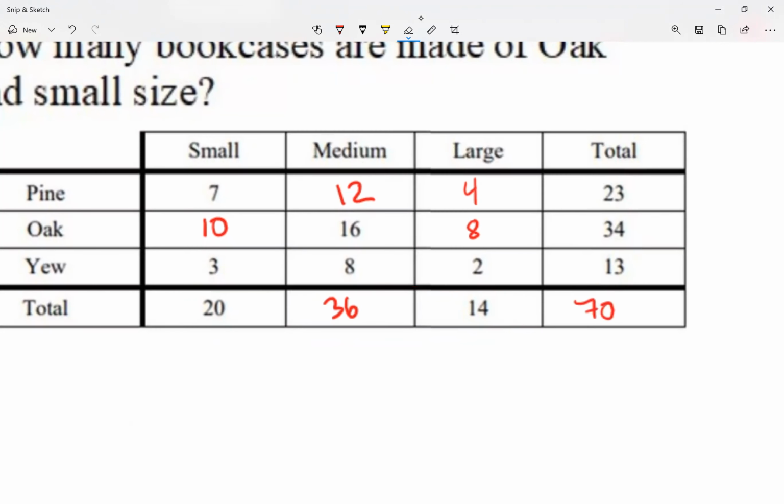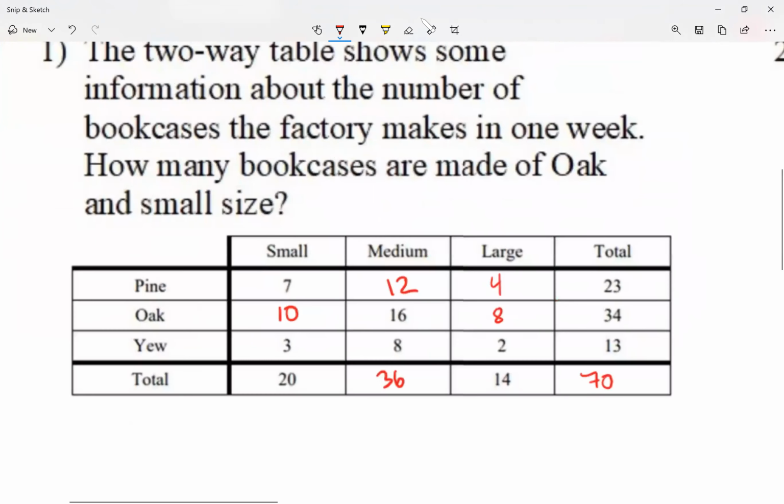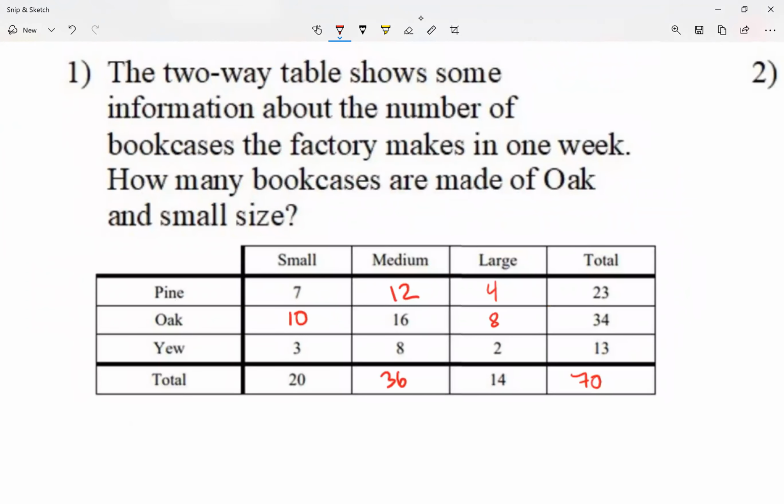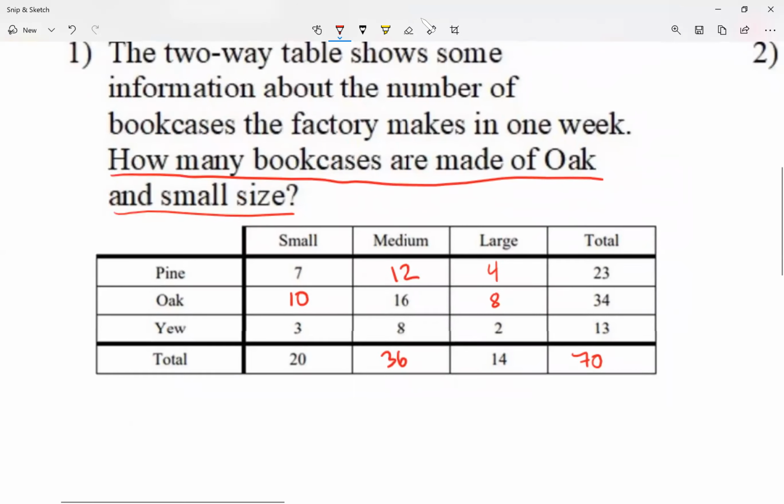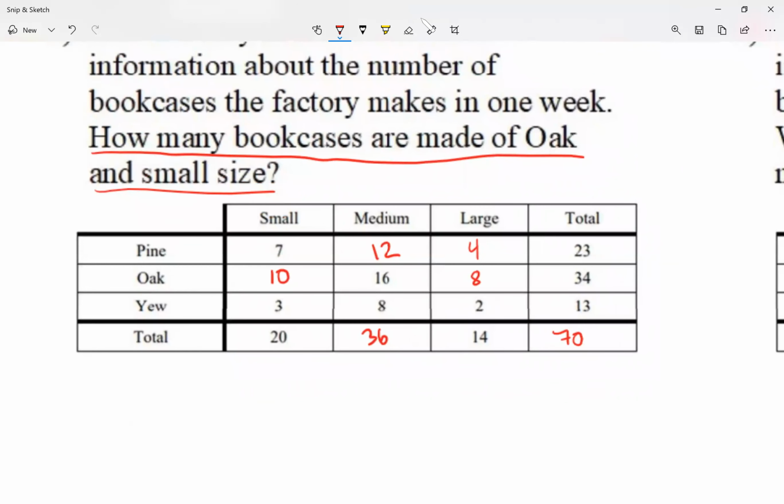Now that I've filled up all my empty spaces, let me come back to the question. How many bookcases are made of oak and small size? When a question starts with how many, there are two types of questions: the how many type and the what is the probability type.